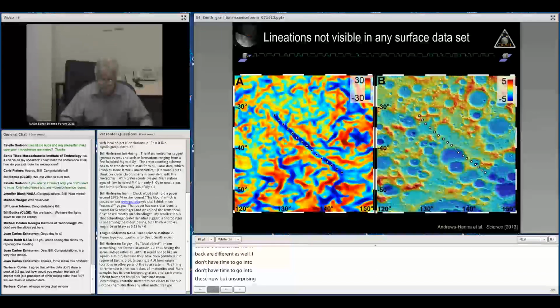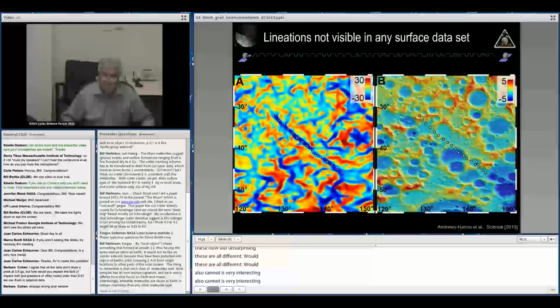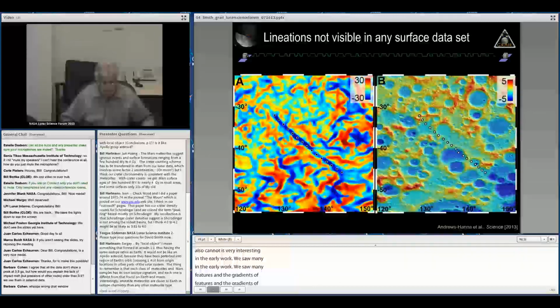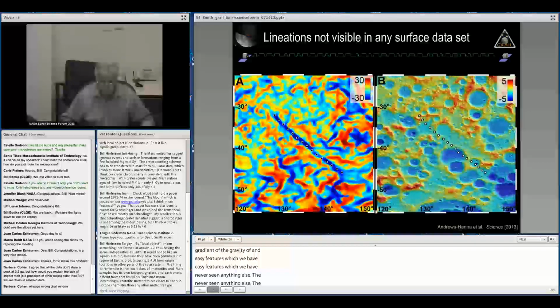What also came out in this work, very interesting, during the prime mission, was that we saw linear features in the gradients of the gravity field. So you take the gradient of the gravity field, and you see features which we've never seen in anything else. This is shown on the left-hand side, where there's the gradient of the Bouguer gravity field, and on the right-hand side is the topography.